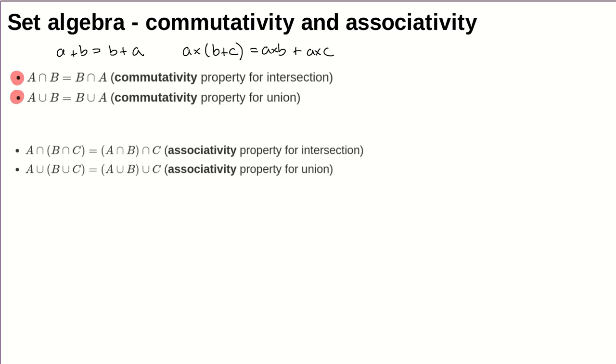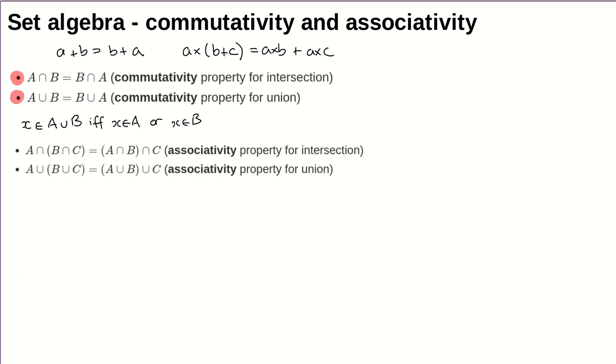It really follows directly from our definition of intersection and union, because just focusing on this second property, the commutativity of union, a thing x belongs to A union B, well, the definition is that that's true if and only if x is in A or x is in B. But what we mean as mathematicians when we use the word or is that one or both of the two statements here, x in A and x in B, one or both of those statements is true.